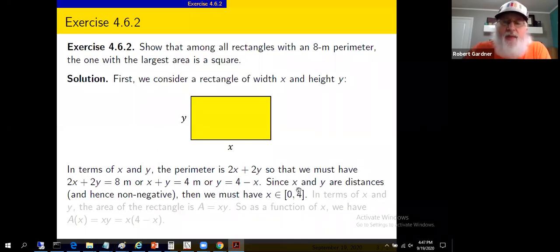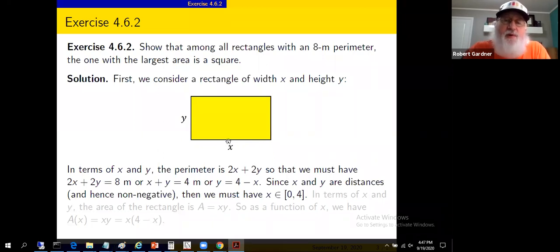Okay, x and y are distances, lengths, so we must have x between 0 and 4. x can't be bigger than 4 because we've got some perimeter that involves y. If x is bigger than 4, then y has to be negative. That's what we get from this equation here. So x is between 0 and 4, which makes sense, especially if you think of the loop of string story.